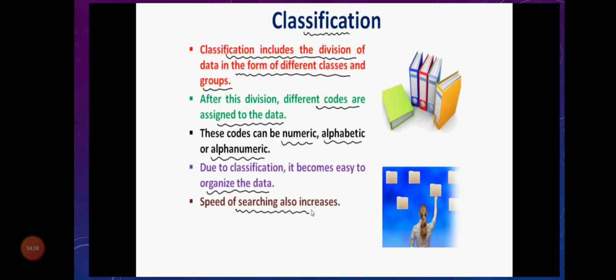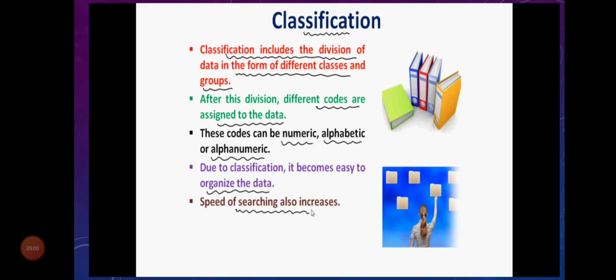These codes can be numeric, alphabetic, or alphanumeric. Due to classification, it becomes easy to organize the data, and the speed of searching also increases. The process of organizing data into classes or groups is called classifying.